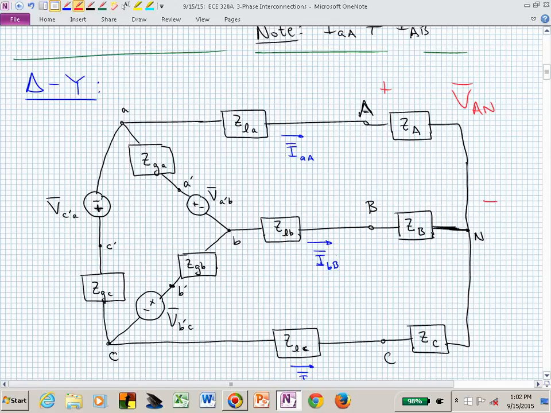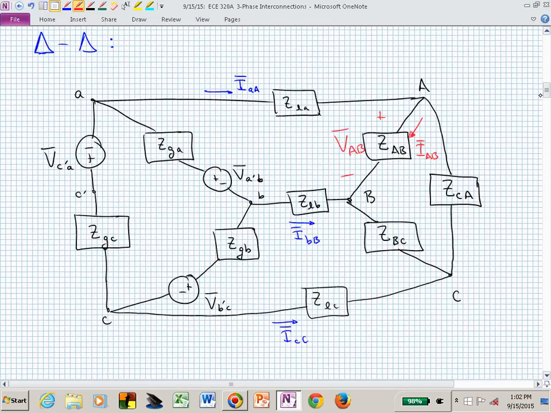Other questions on that? And here is the delta-delta configuration. You still have all of the pieces and parts, but now you have the load connected in delta and the source connected in delta.